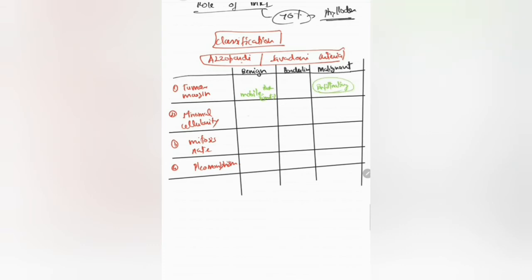Coming to stromal cellularity, there is stromal cellularity, but when compared to malignant, it is low. Malignancy is very high. Here it is intermediate. It's equivocal. Mitosis rate: it is less than 5, it is 5 to 10, it is greater than 10. Pleomorphism: here it is mild, it is moderate, it is severe.